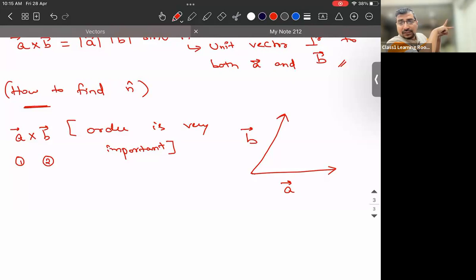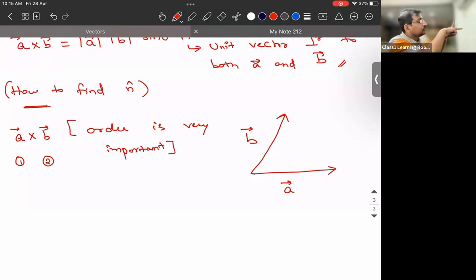You start rotating. When I say rotating, you can either rotate it in the anti-clockwise direction with respect to you or clockwise direction. When you rotate it in the anti-clockwise direction, you will be able to meet B faster. So whenever you're doing cross product, you need to keep the position of the second vector fixed, take the first vector and rotate it towards the second vector in the shortest direction possible.